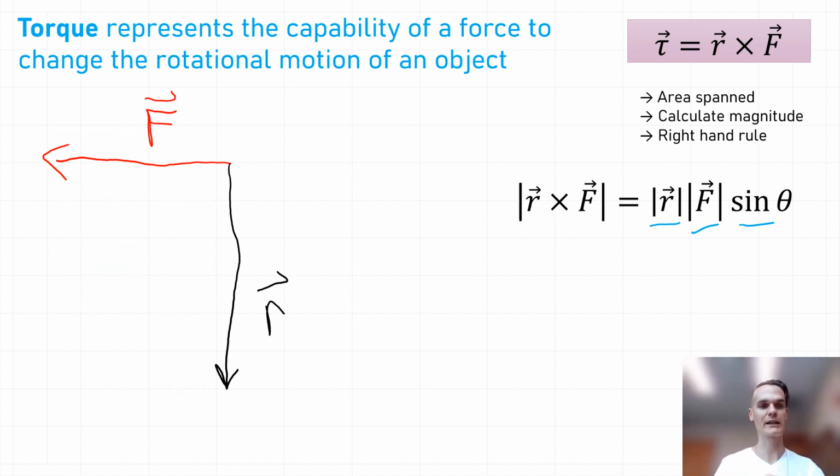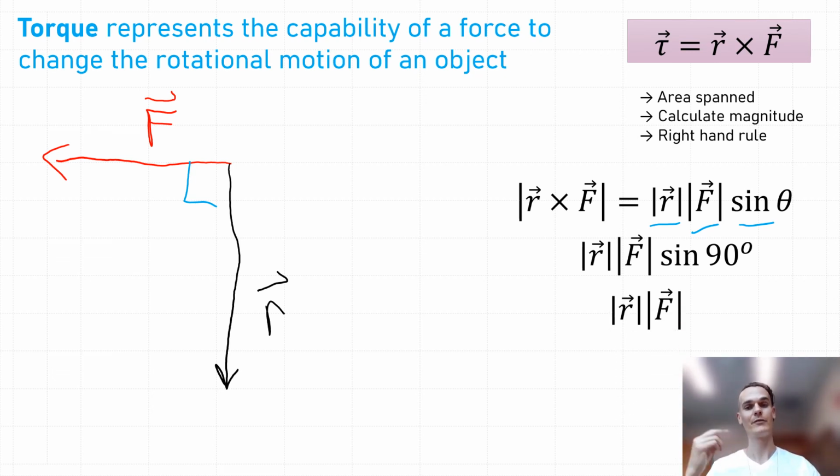And if we look at our two vectors, we see that the smallest angle between them when they're placed tail to tail is going to be 90 degrees. We simplify, the sine of 90 degrees is going to be equal to 1. So the magnitude of our torque vector is going to be the magnitudes of the constituent vectors multiplied together. And this is a very special case. We're going to talk about why.